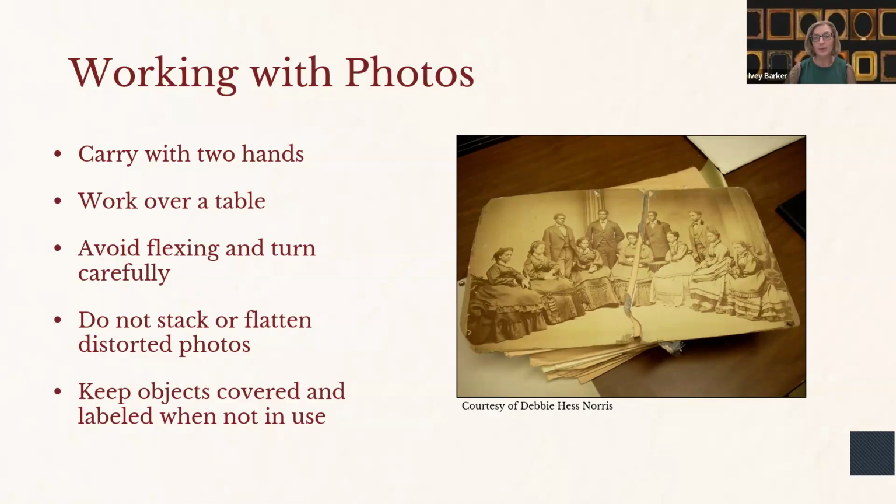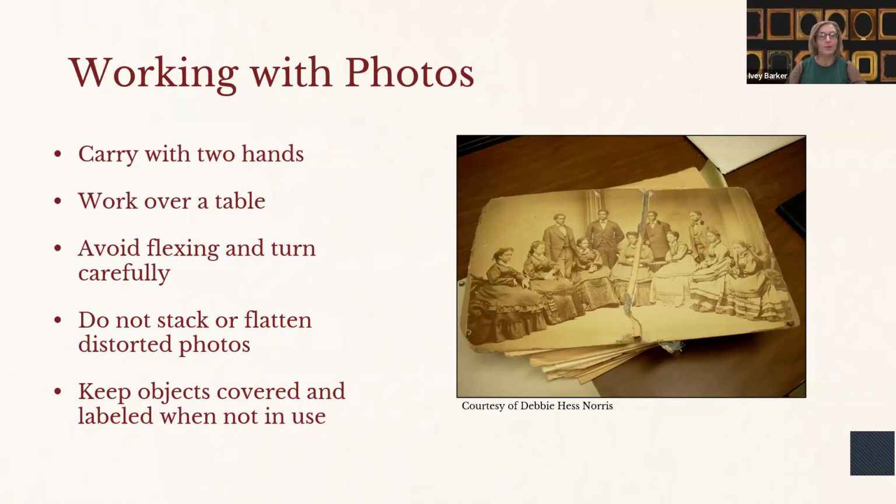I did bring some samples. So if you have a photo that is in a deteriorated state or you're having a hard time carrying it with two hands, I do recommend having some sort of rigid board support like this that you can put the photo on to carry it to your bench.